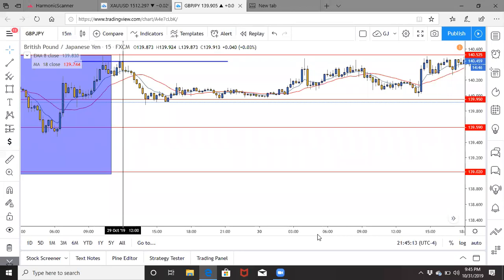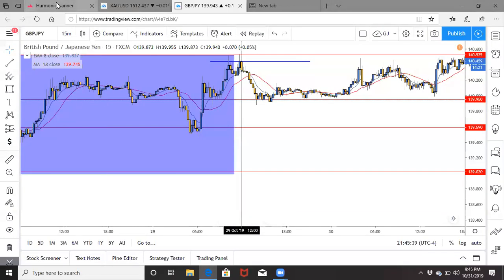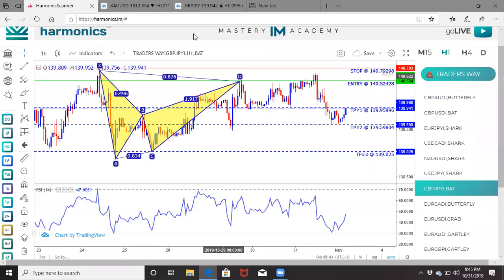On the bearish side, we got bullish, bearish to make resistance. We got a bearish candle that fully engulfs the bullish candle. Yeah, facts. All right.